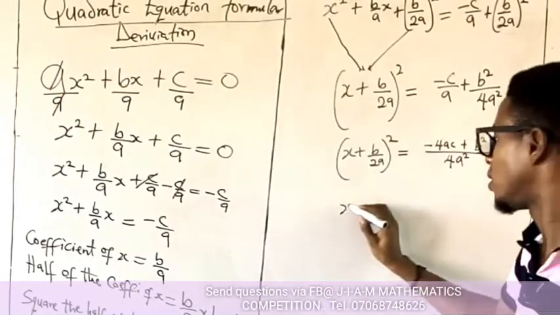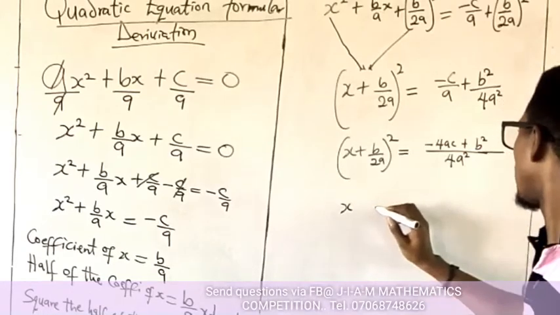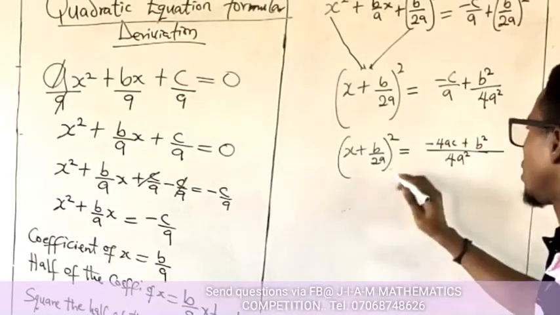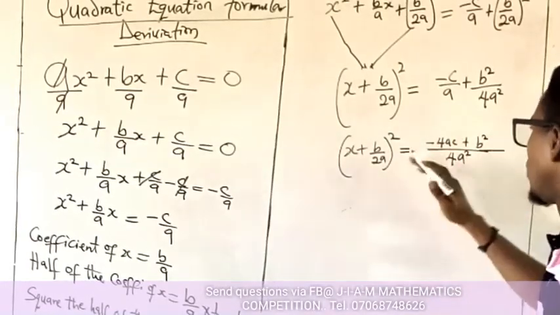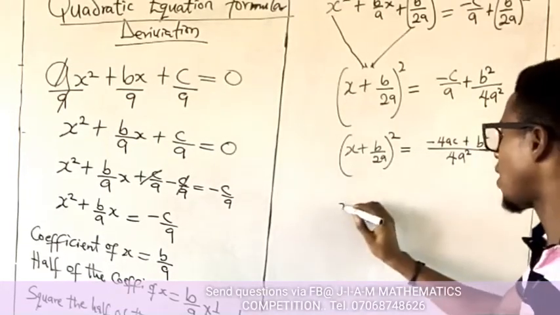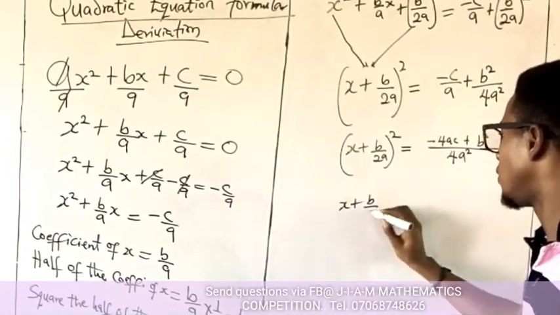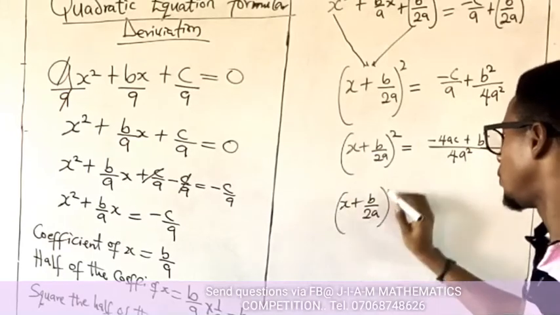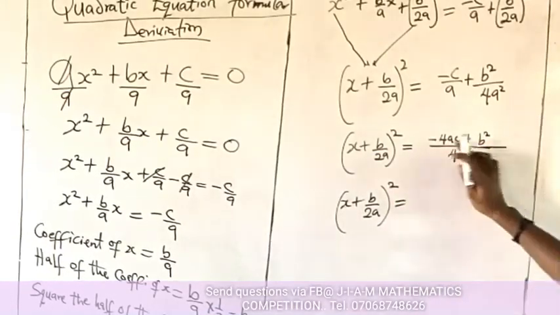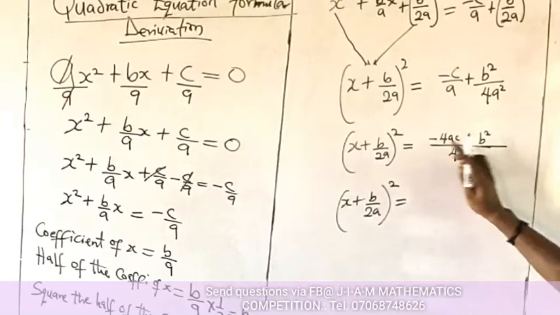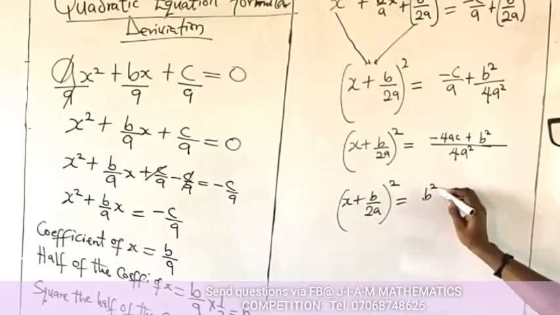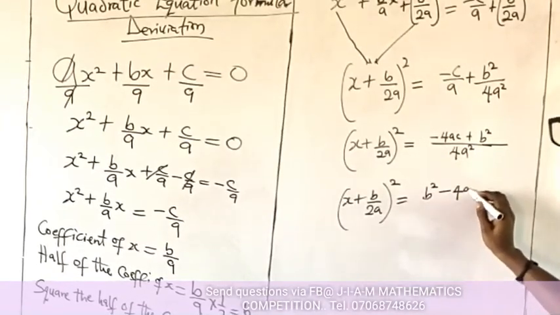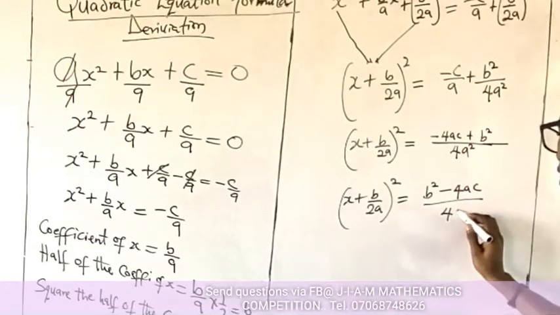Now we take the root of both sides. You can rearrange this first: the positive comes before the negative. It's just a rearrangement, we will not change anything.